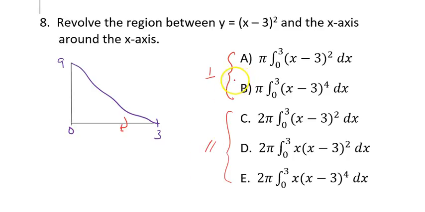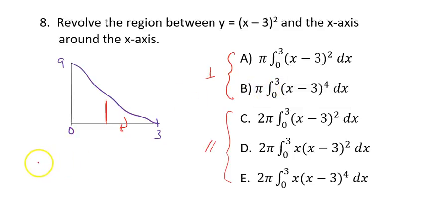So the first thing I'm going to think about is, if I'm in the perpendicular method, I would be drawing perpendicular to what I'm going around, so my rectangle would be vertical. So I need to make sure that those are dx's, and they both are, and they both go with x limits 0 to 3. Okay, so that makes sense. We'll talk about what goes inside of these now as well. They've pulled that pi out front.